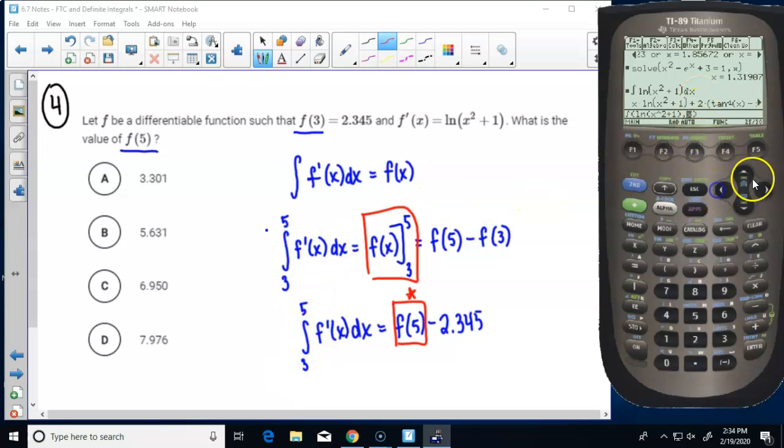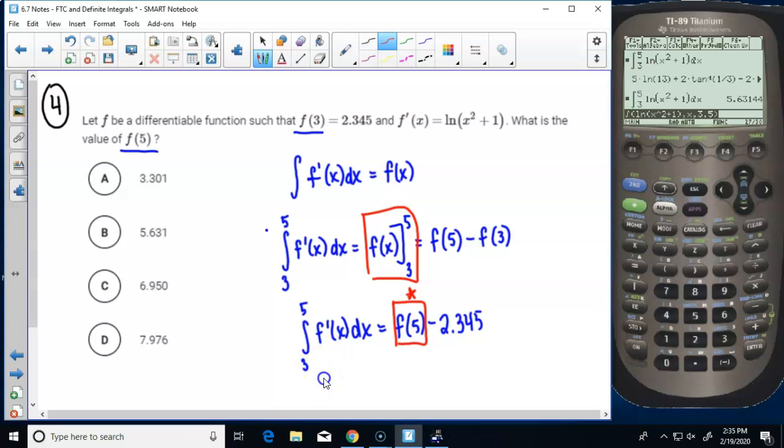So to do that in your calculator, after your x, before you close your parentheses, you're going to have natural log of x squared plus 1, comma x, then comma 3, comma 5. So that puts your limits there from 3 to 5. You're going to type all of that in and hit enter. Let's hit the green button before we hit enter.